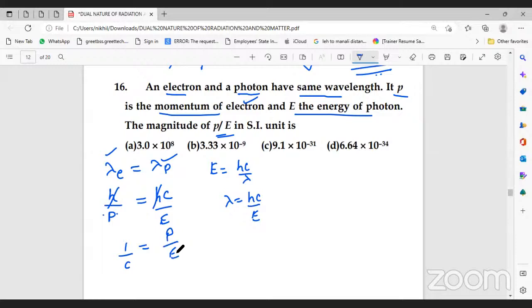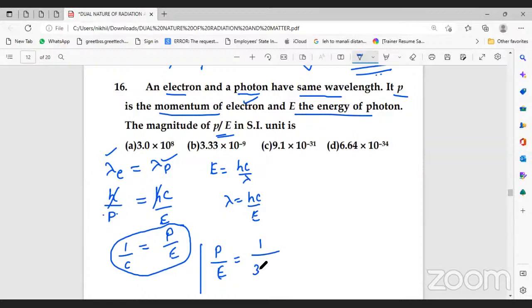So what is the value you got for p by E? P by E value you got it as 1 by c. So what is the value of c?